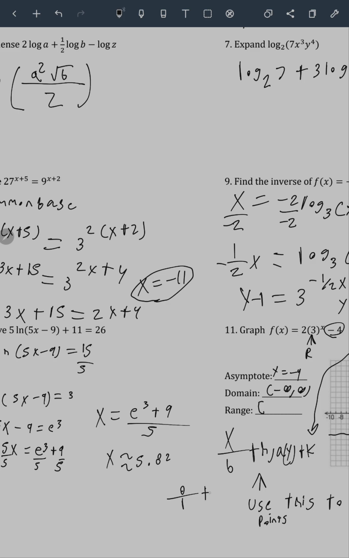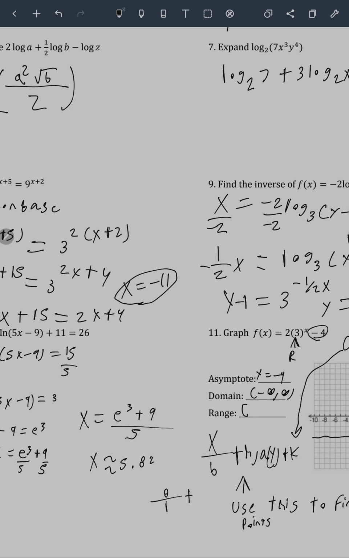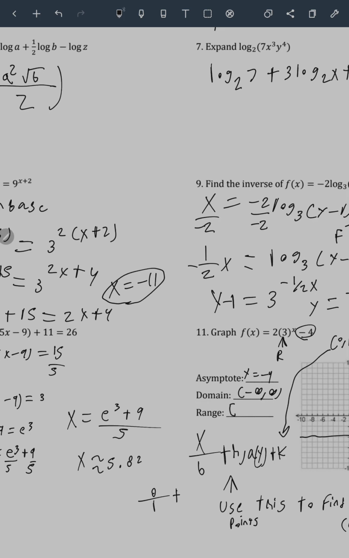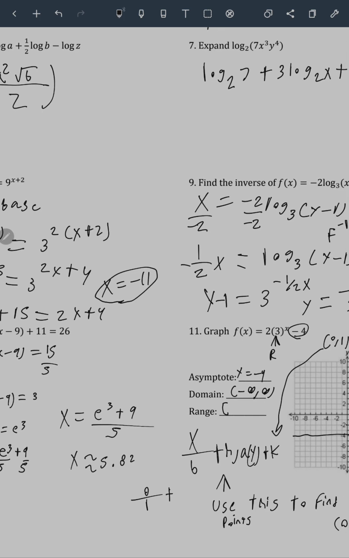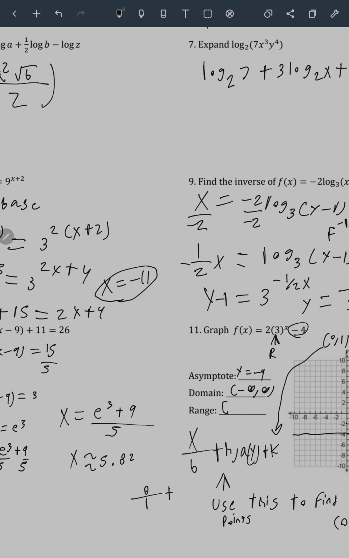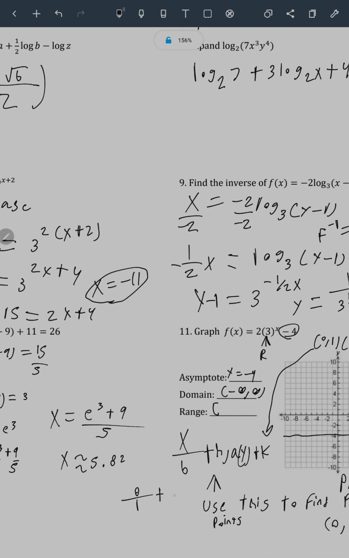So we've got 0 plus, what's our h? We don't have an h, so that means h is 1. Okay, yes, 1.